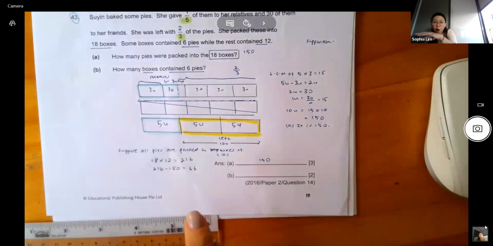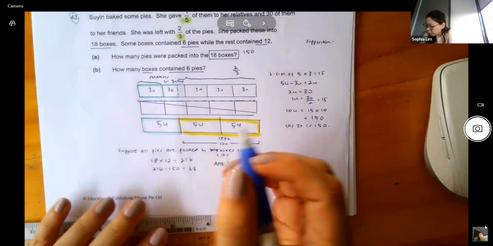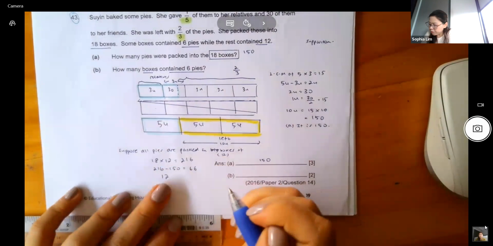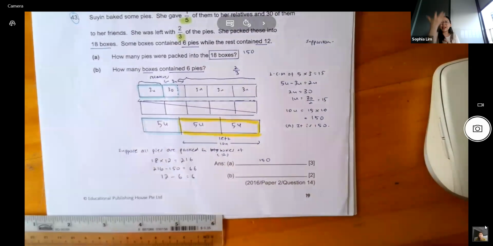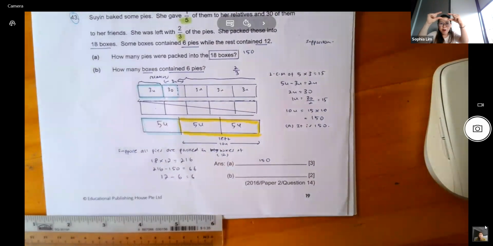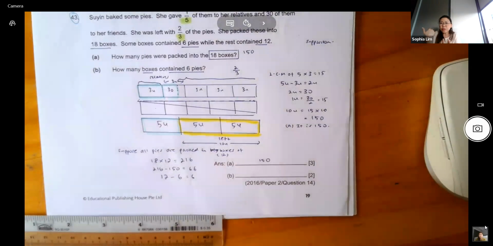I need to put in some small boxes, take out some big boxes so that the number of pies can decrease. So one big box you have 12, one small box you have 6. So when you do exchange, meaning I take out one big box, I put in one small box, the number of pies will decrease by 6. If you take out 2 big boxes, you put in 2 small boxes, then the number of pies will decrease by 6 and another 6, so on and so forth.